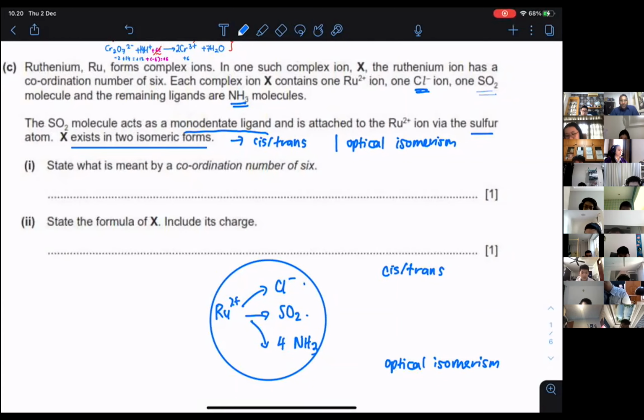Optical. Why do you say it's optical? There should be a reason. Because it's three different ligands. Okay, you think because they have different ligands. Let's actually listen from Frederick. Frederick, what do you think? Optical or cis and trans?